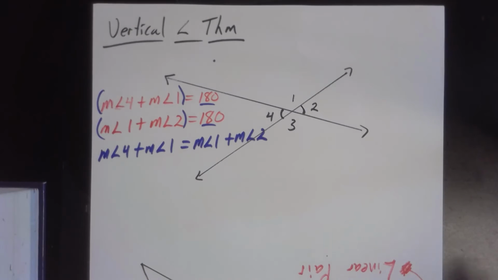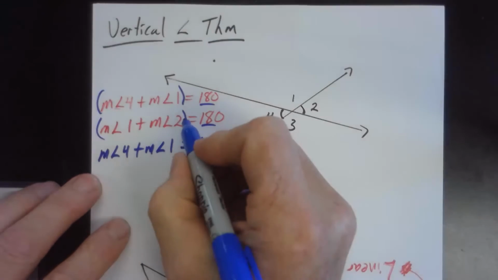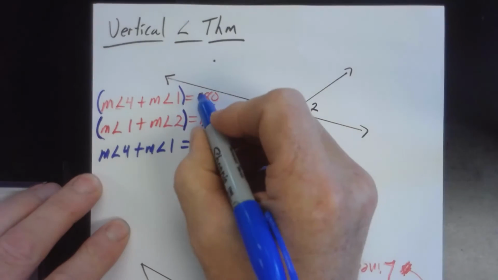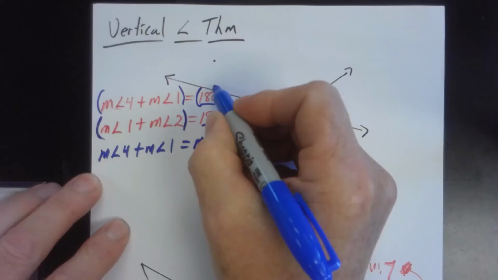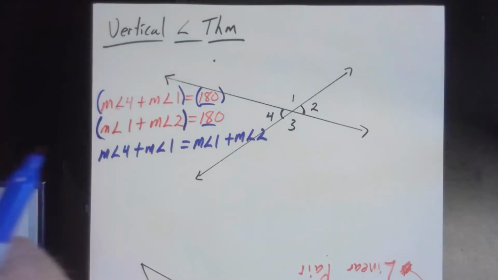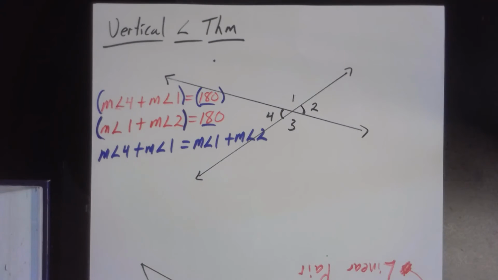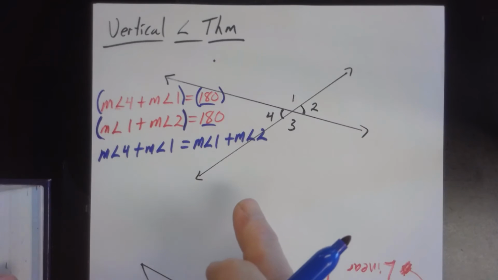I could also say I'm going to substitute 180 since they're equal to the same thing. Since they're equal, can't I substitute one for the other? Do you see where I'm going, everybody?